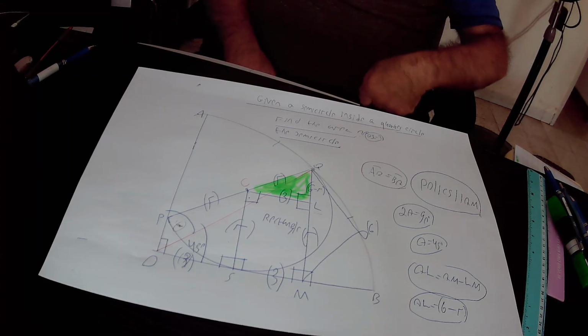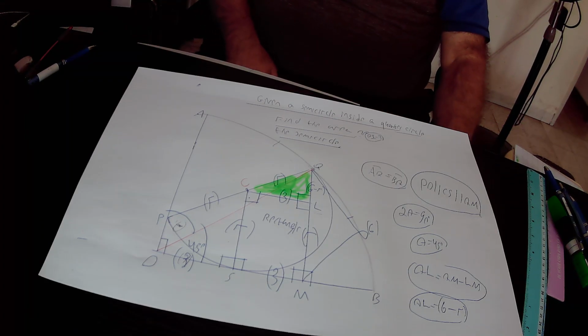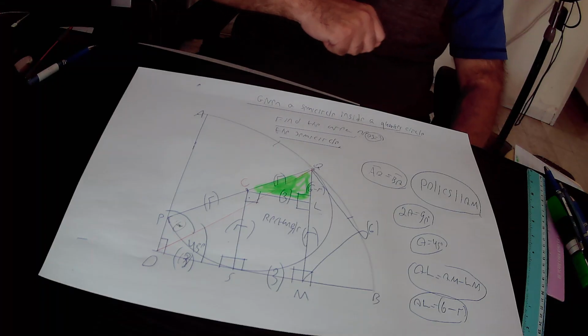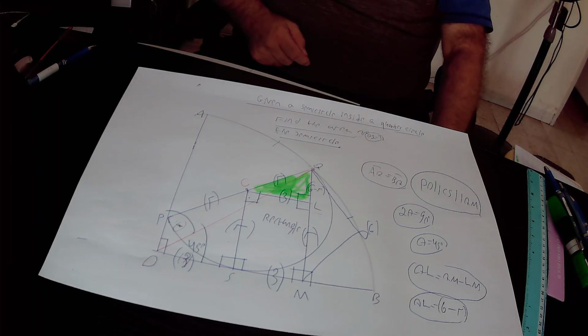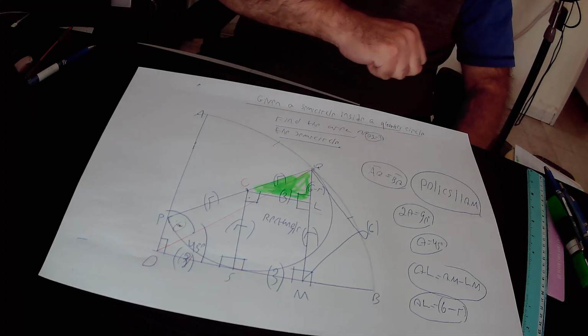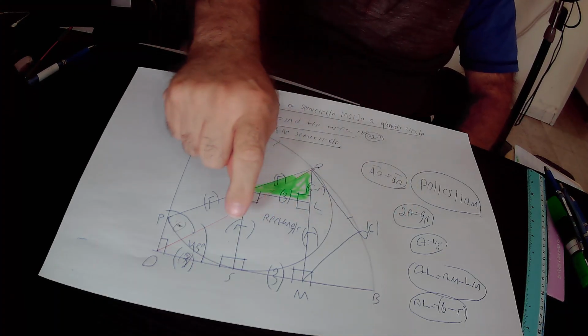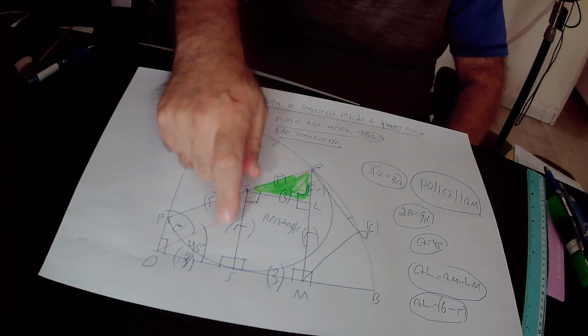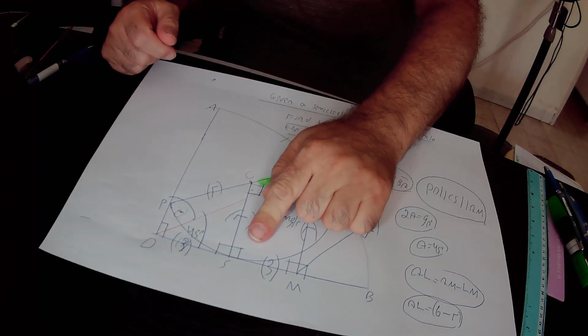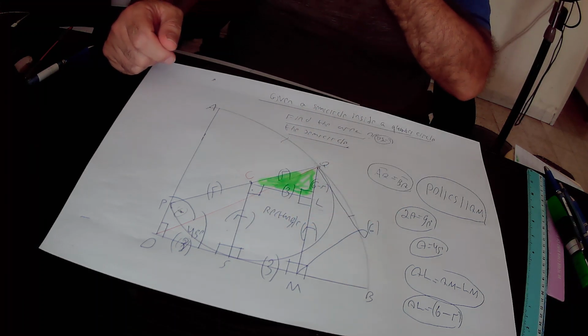The radius CS is drawn to point S, the point of tangency of tangent OB with this semicircle. Since it is drawn to the point of tangency, tangent OB will be perpendicular to the radius SC. If OB is perpendicular to SC, it means that this angle equals 90 degrees, and this angle also equals 90 degrees according to rule 1.